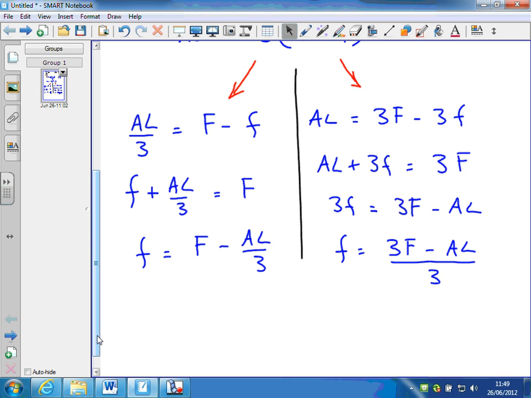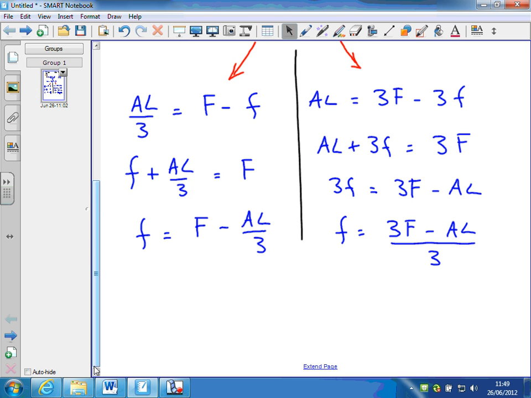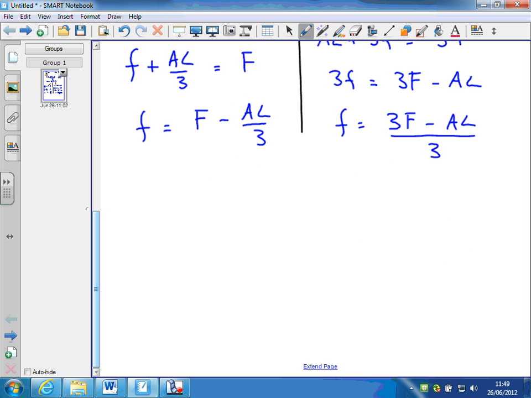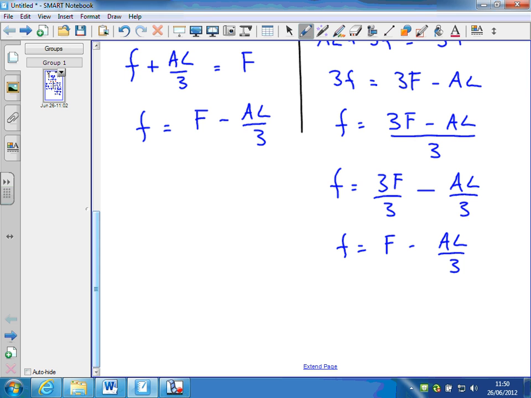Well, looking at the right hand side first, algebraically, I would split both terms on the right hand side and write it as f equals 3F over 3 minus AL over 3. Now looking at that, we can see in the first term on the right hand side, the 3's cancel, so little f equals capital F minus AL over 3, which is the solution we had the first way.